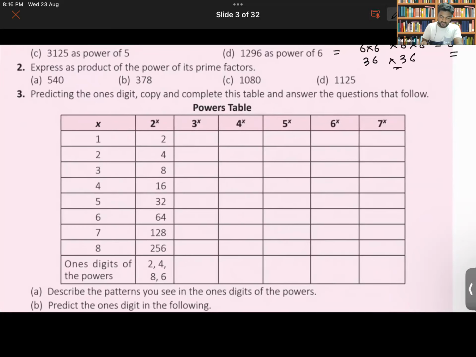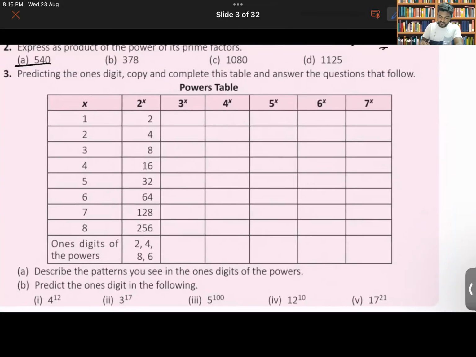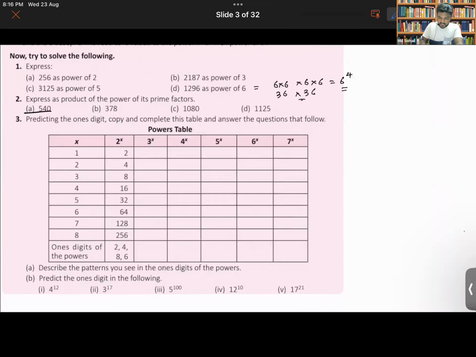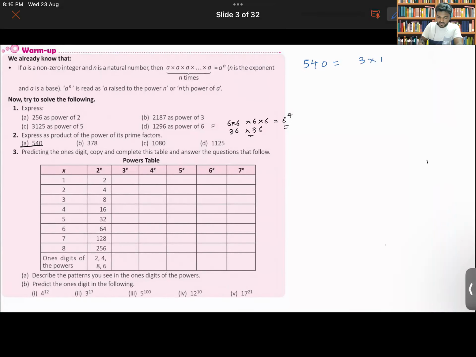The first one, in order to express it as the product of powers of its prime factors. So 540 can be written like this: 540 equals 3 into 180, then 3 into 3 into 60.